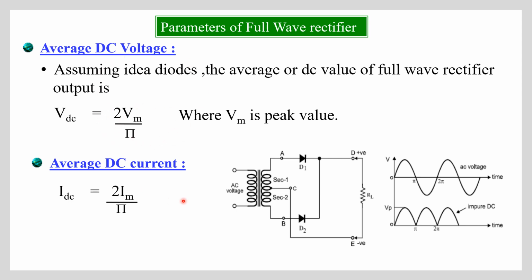We saw VDC for the half wave rectifier is Vm by pi, and the average value here is 2 Vm by pi, which is exactly double compared to the half wave rectifier. And here we are assuming that the diodes are ideal. Similarly, the average DC current for the full wave rectifier is IDC equals 2 Im by pi.